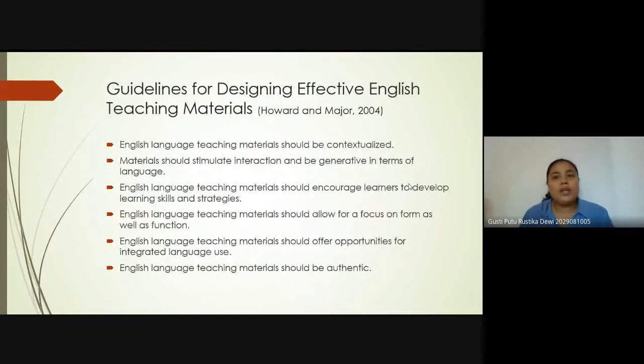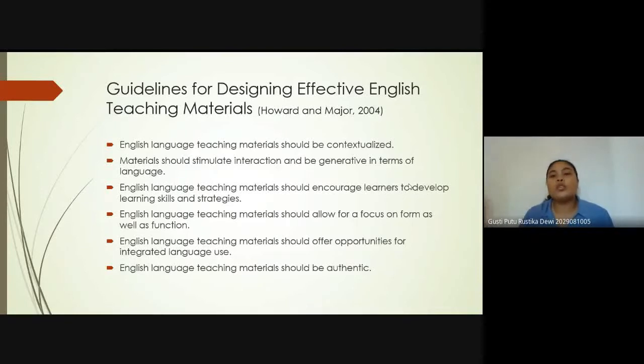Howard and Major, 2004, proposed 10 guidelines for designing effective English teaching material. The first guideline is that English language teaching material should be contextualized. So the teaching material should be contextualized to the curriculum being addressed.